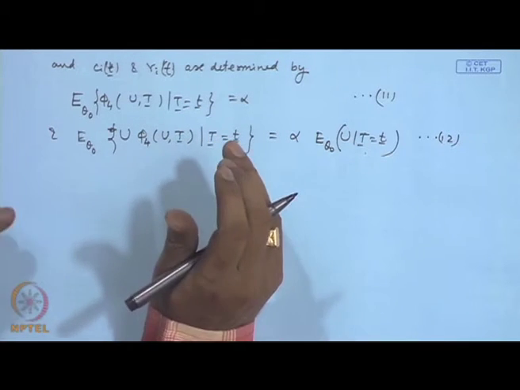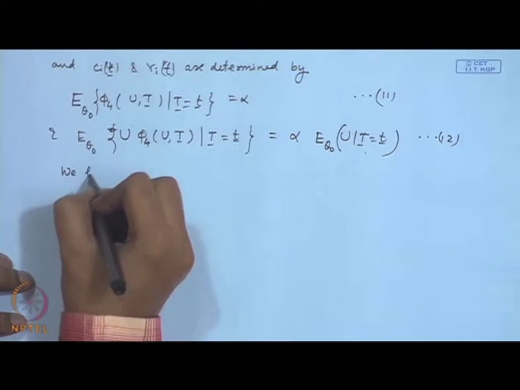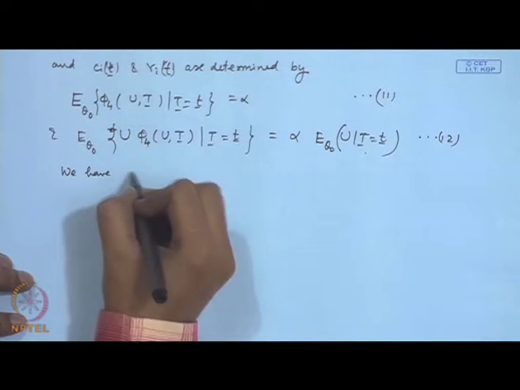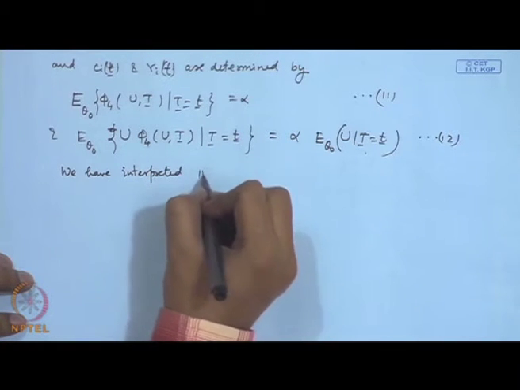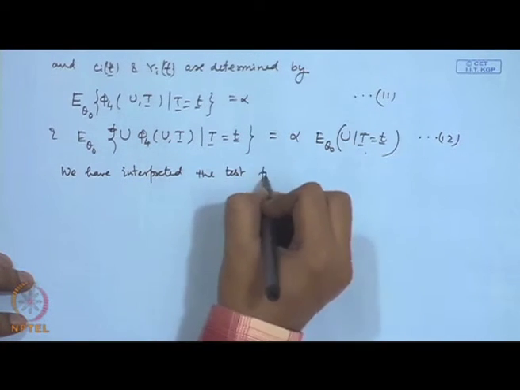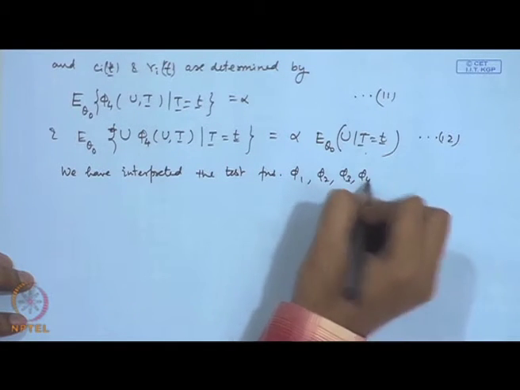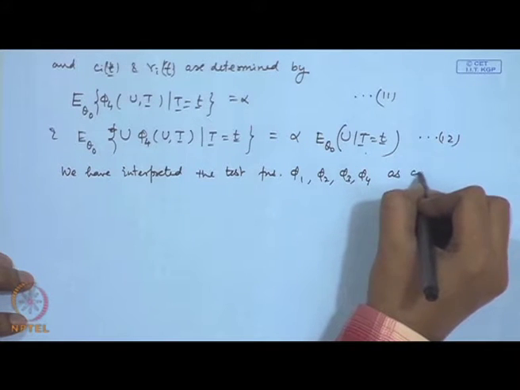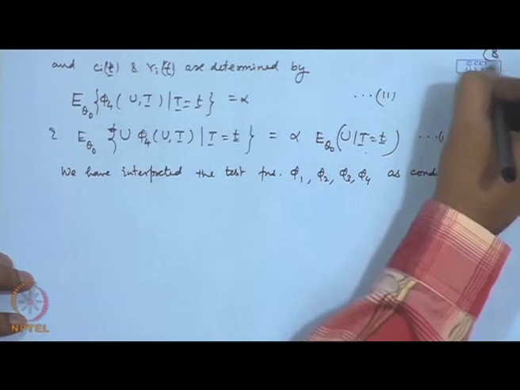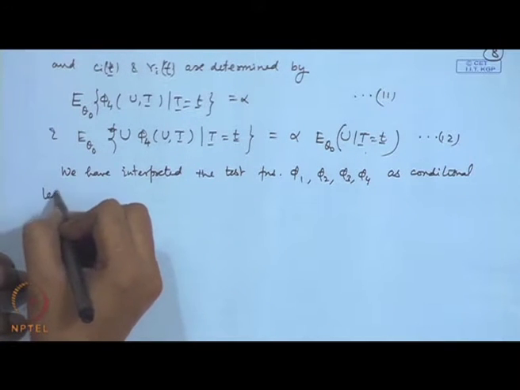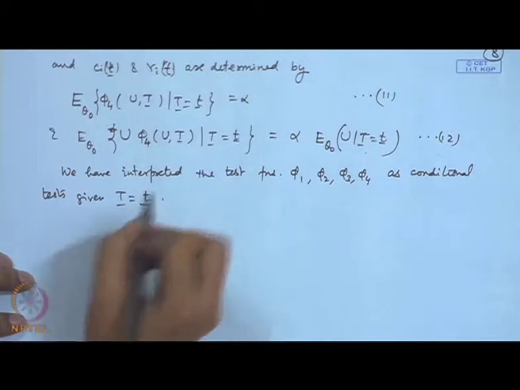So, what we can say, we have interpreted the test functions phi 1, phi 2, phi 3, phi 4 as conditional tests given T equal to t.